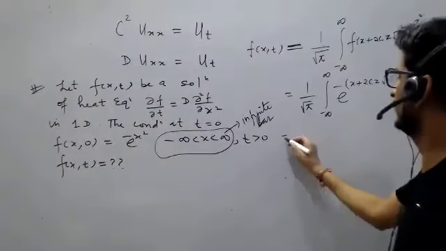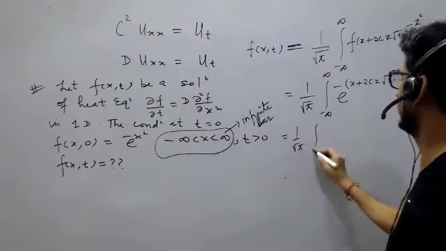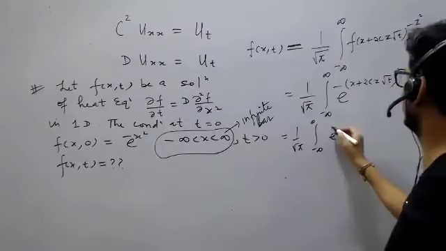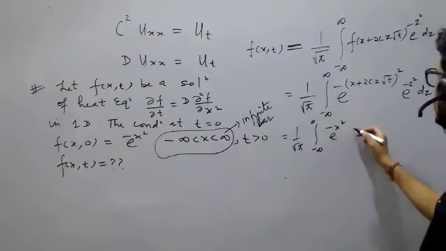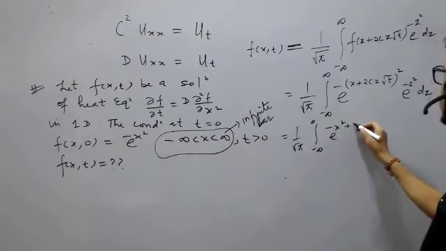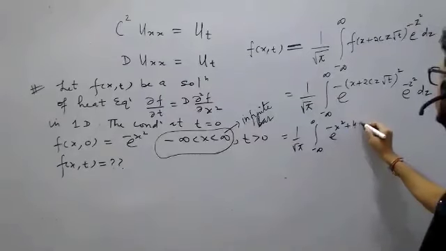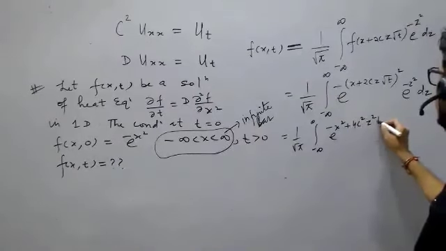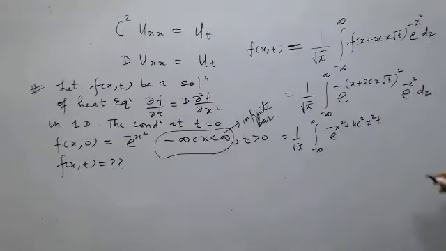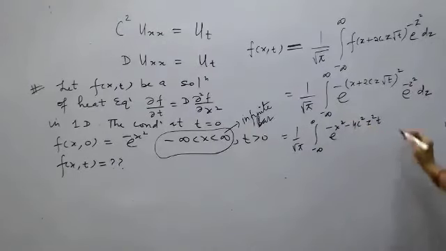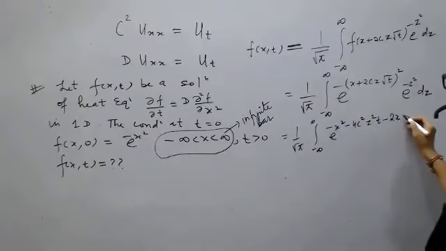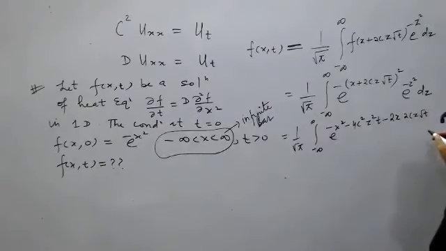So this will become 1 by under root pi, integral from minus infinity to plus infinity, e to the power minus (a square plus b square) minus 2ab, and e to the power minus z square dz.